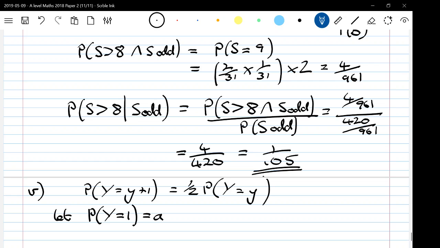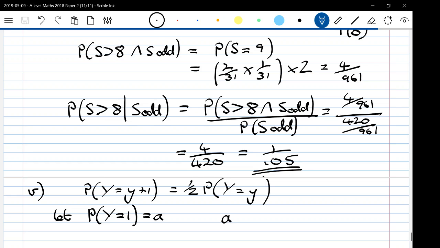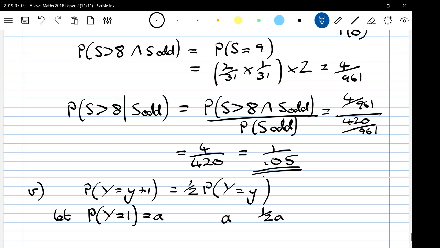So the probability of Y being 1 is A. Y being 2 is a half of A. Y being 3 is a quarter of A. Y being 4 is an eighth of A. Do you see how this is going? And this goes on forever.